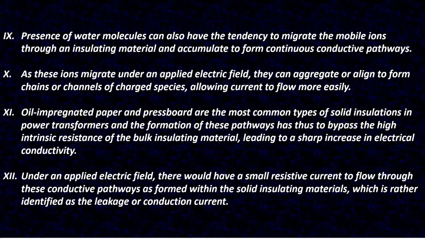Under an applied electric field, there would be a small resistive current flowing through these conductive pathways formed within the solid insulating materials, which is identified as the leakage or conduction current.